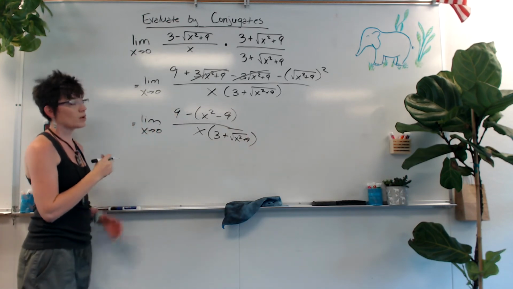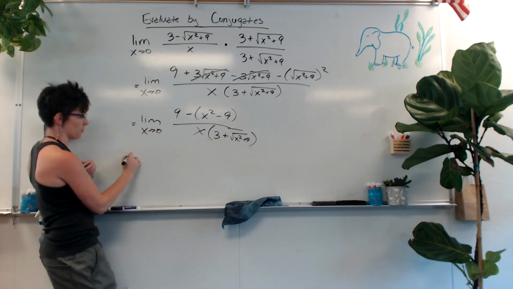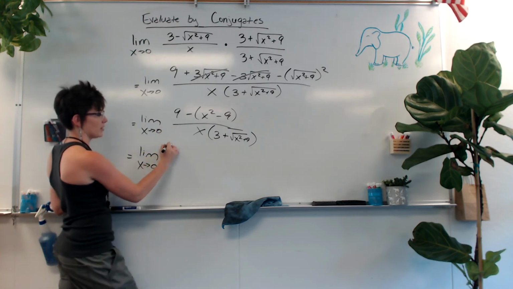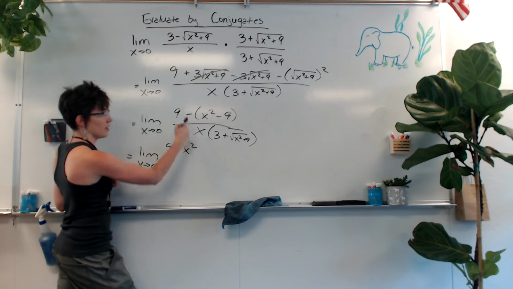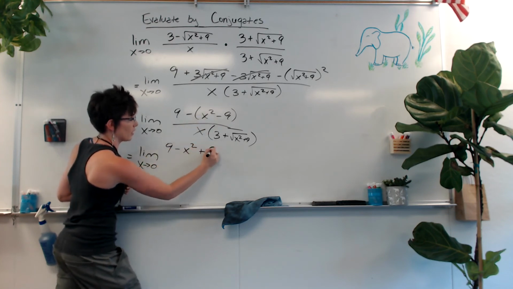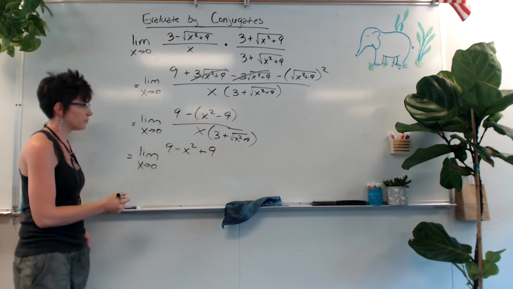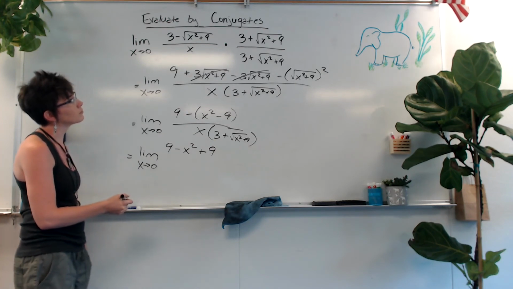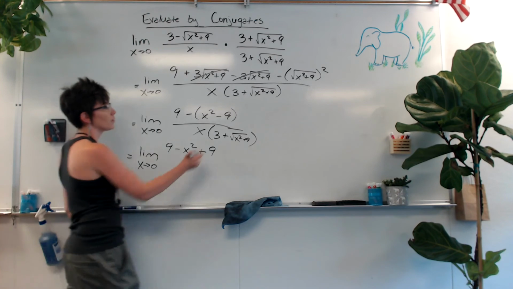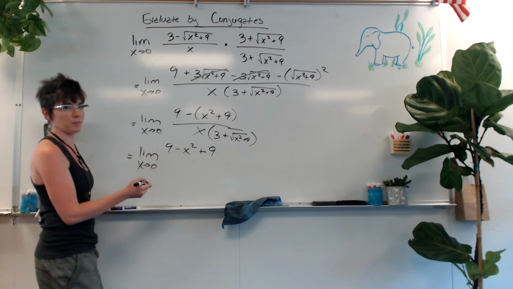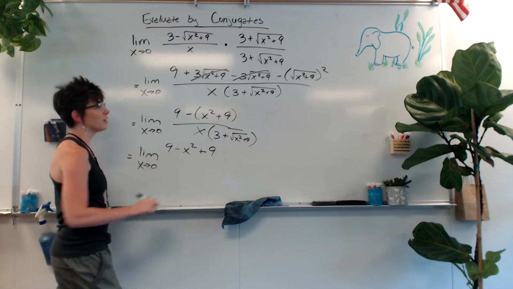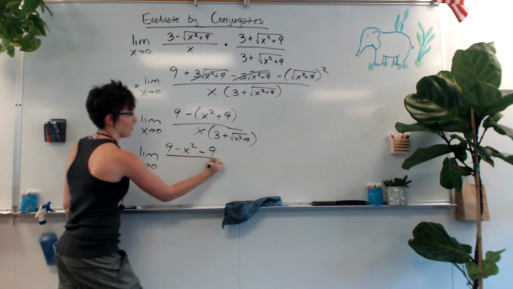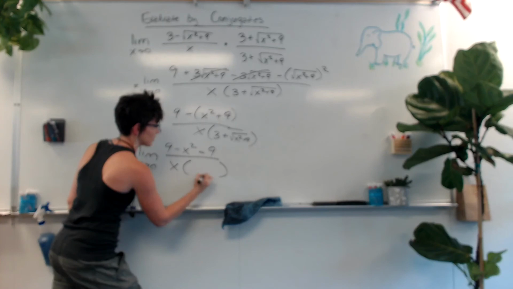Okay, when I distribute that negative through, I get 9 minus x squared, but actually plus 9. Oh, sorry, it magically became negative. I was talking about negatives too much. Okay, so then that's a minus 9, all over x times stuff.